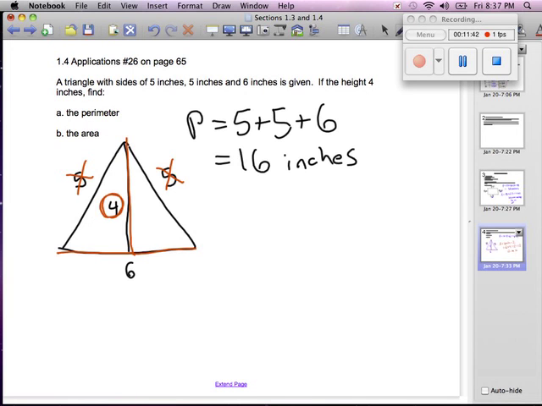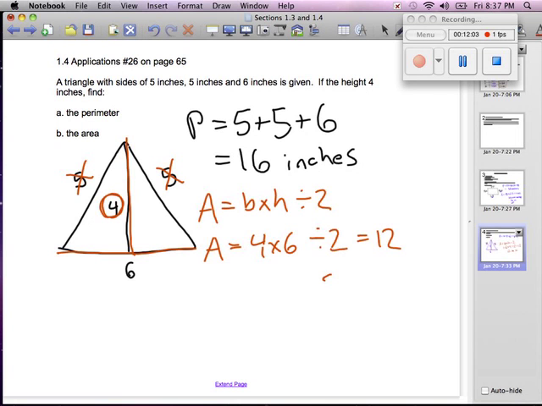That's this one. So when we say the area equals the base times the height divided by 2, it's the 4 and the 6 that we're after. Not the 5s. Get rid of those 5s. And that, my friend, equals 12. Inches? No. Square inches.